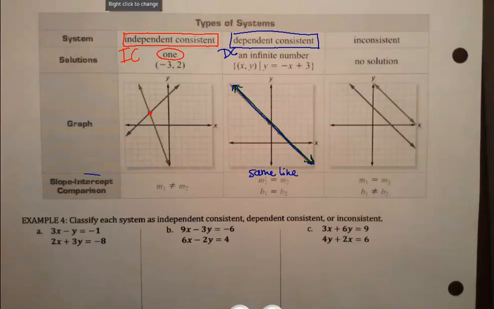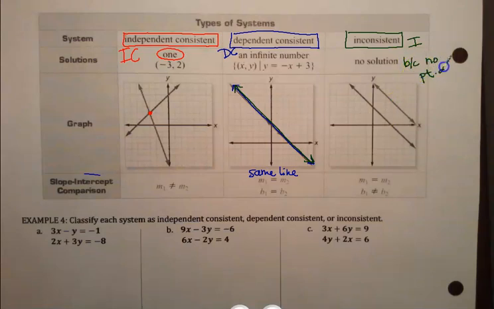All right, next up is inconsistent. We usually abbreviate it I. Inconsistent systems have no solution at all. So if we look at the graph, what do you notice about these lines that have no solution? There's no solution because there's no point of intersection.